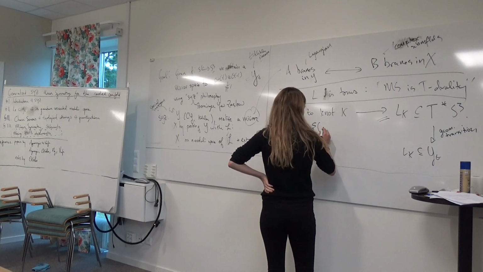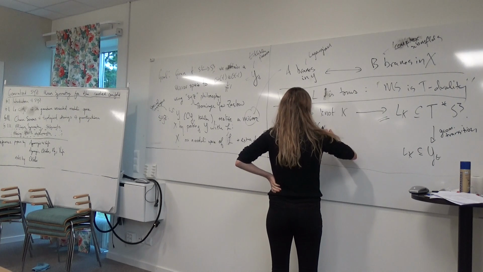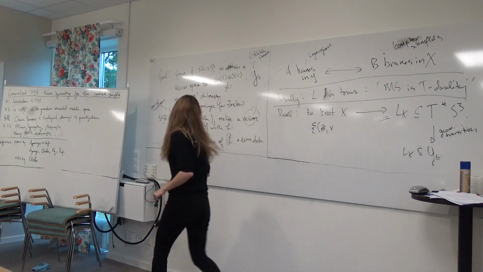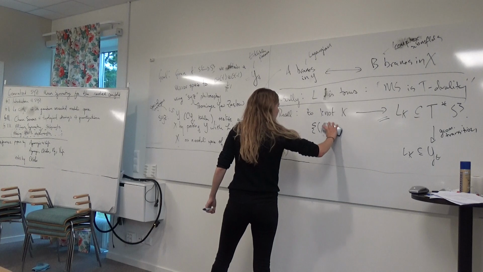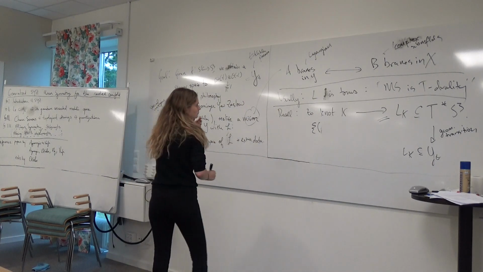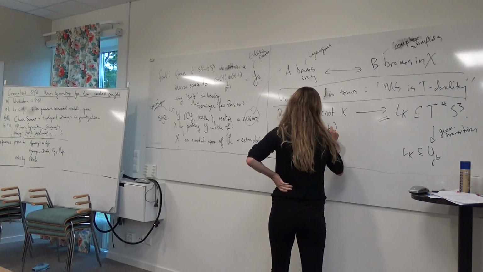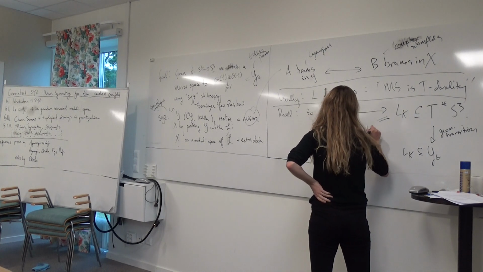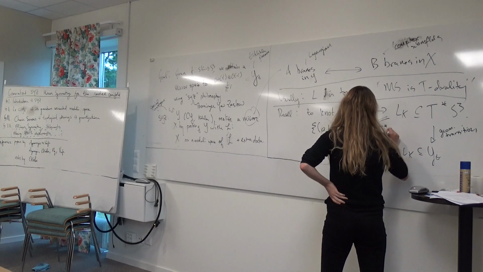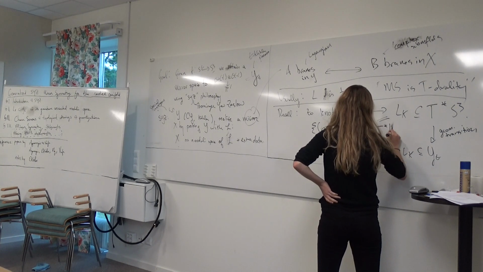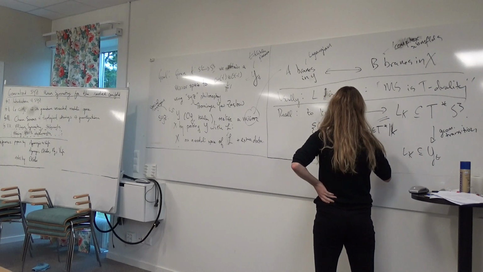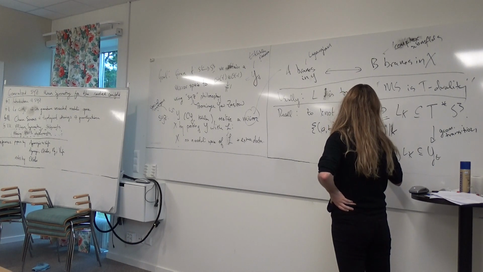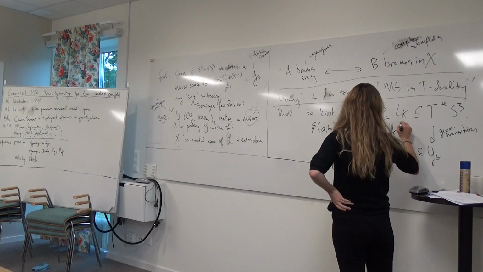It just consists of points A in your knot, and then B in your cotangent space restricted to your knot, such that B annihilates the tangent space there.